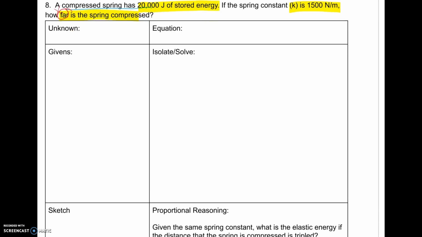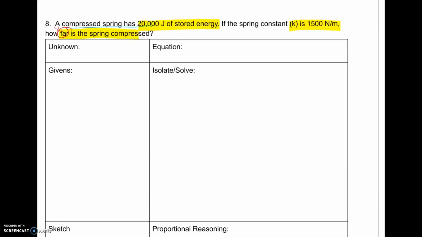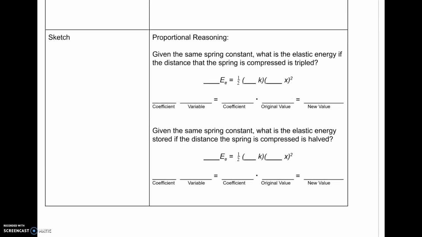Okay. So first, let's go ahead and draw a sketch of the spring being compressed. All right, so we have our, let's just say ground. We have the thing that's attached to the spring, and we're looking for this distance, right? We don't know what this is, okay?